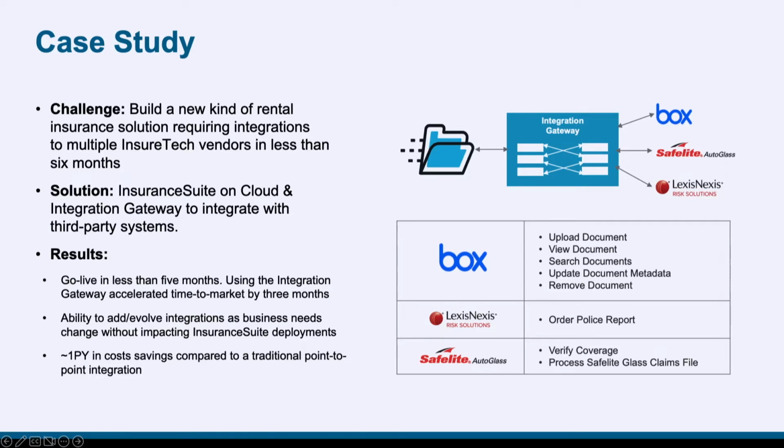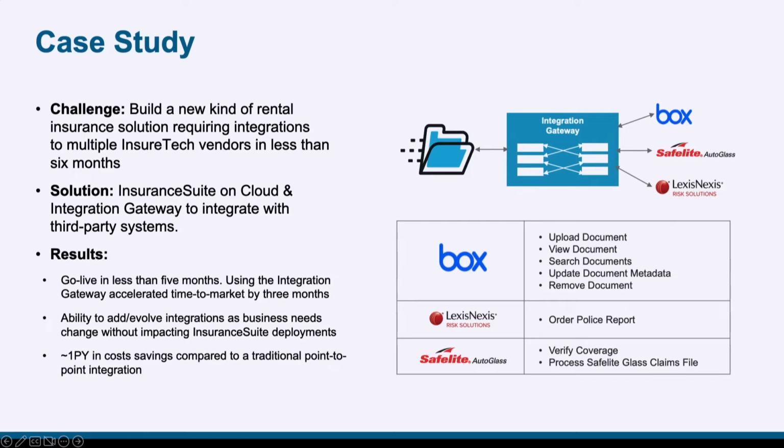We were trying to measure, and it's a little bit of art and science, how you measure things in terms of efficiency and value. Just the integration gateway, because of the new architecture, accelerated their time to market by 3 months.